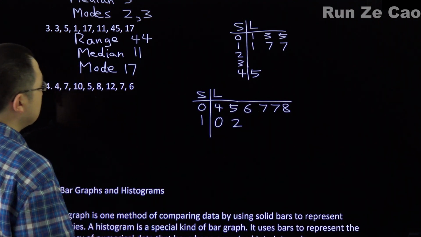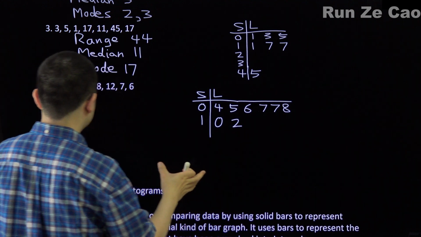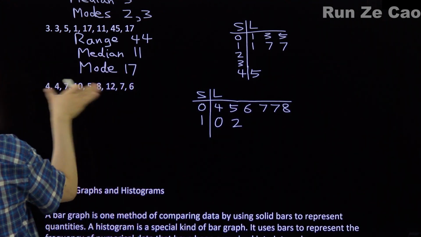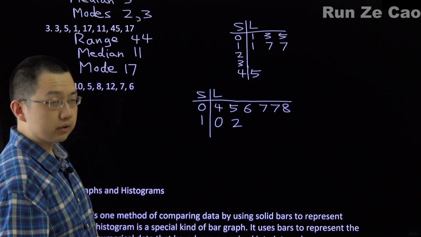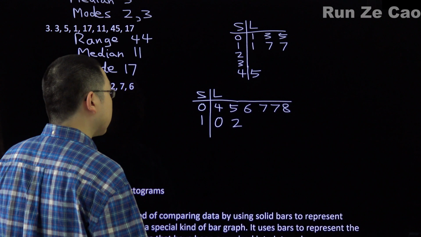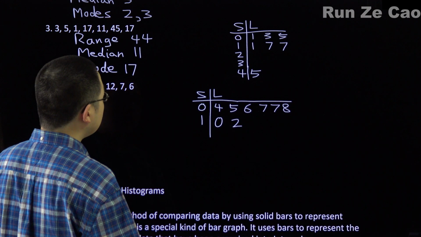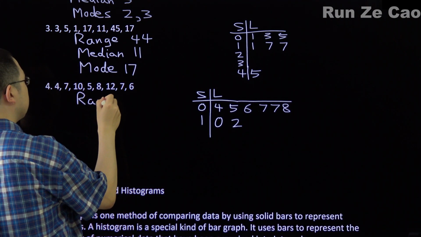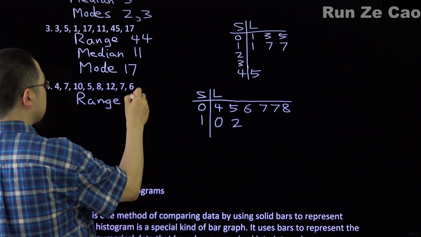So there are 8 data points here. Always count over all your leaves to make sure that they match the number you started with. Otherwise, you did something very wrong somewhere. So, the 8 data points, the range is greatest minus least, so 8.